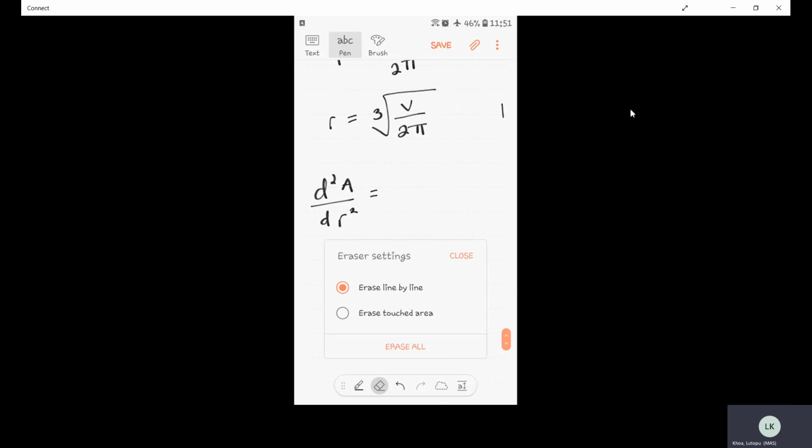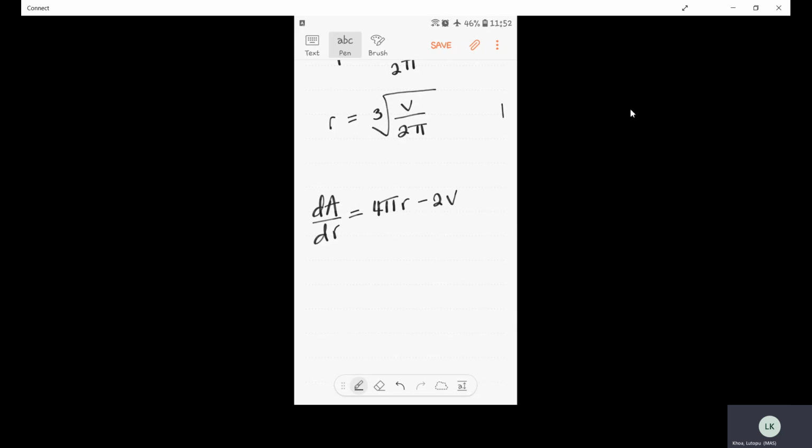Okay, let me first rewrite the first derivative. So dA dr, we said this is equal to 4 pi r minus 2v, and since it's over r squared, I can write this as r to the power of minus 2.